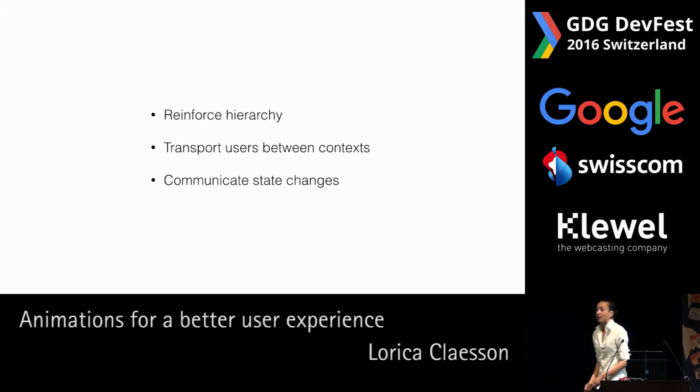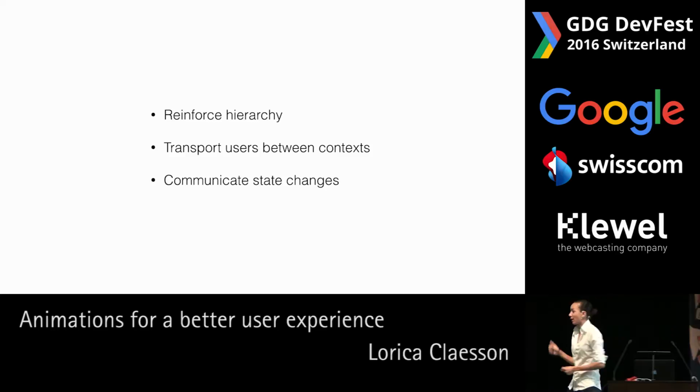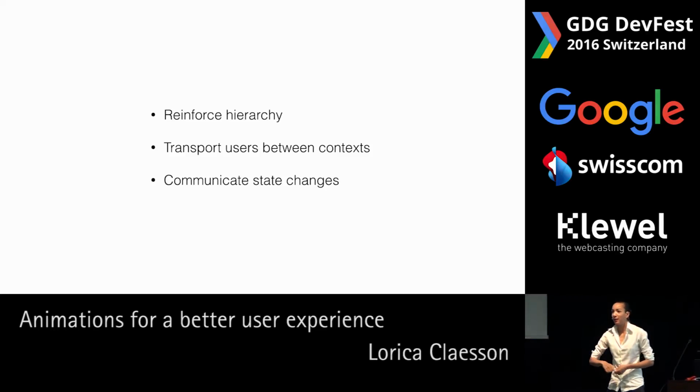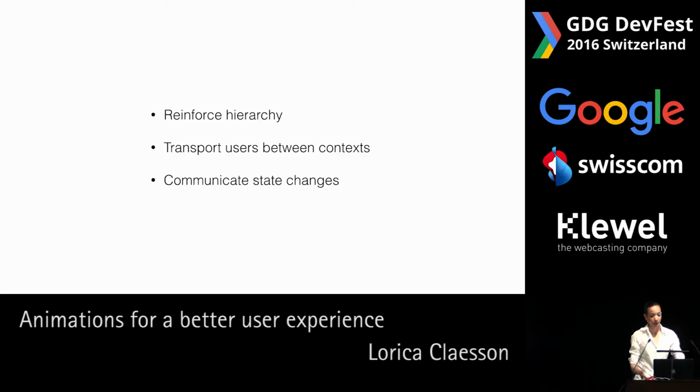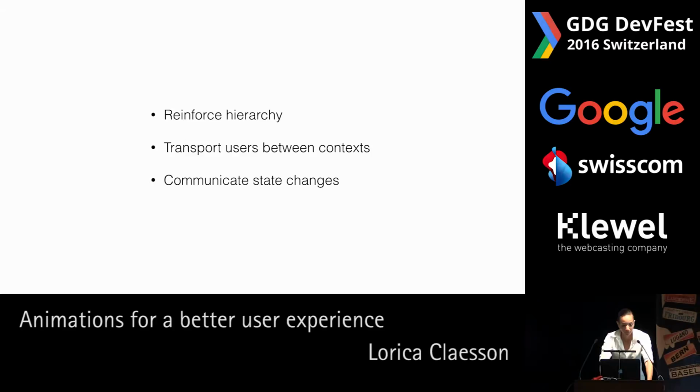It can also communicate state changes, things that happen after a user has triggered an action, like communicating to the server, changing a state, and then getting back, and how that interface updates with that. In material design from Google, they talk about meaningful transitions, and there's a lot of information about that, and some of the examples that I have will also be from there.